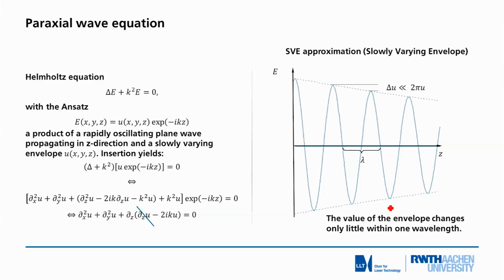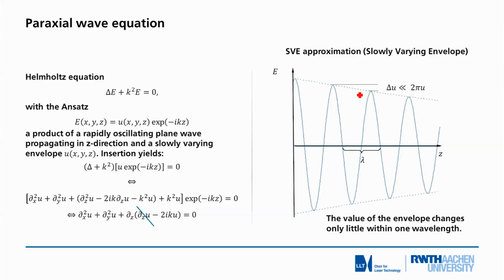And the slowly varying envelope approximation now tells us that the change of the envelope from one value to the next, one wavelength later, is only very small compared to the absolute value of this envelope part of the solution. So we have a slowly varying envelope with respect to the values between two maxima of the wave.